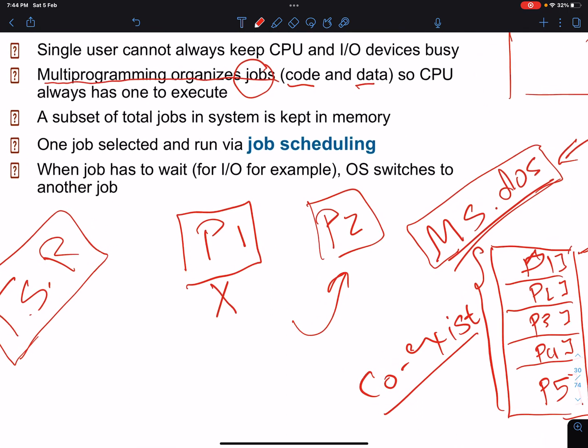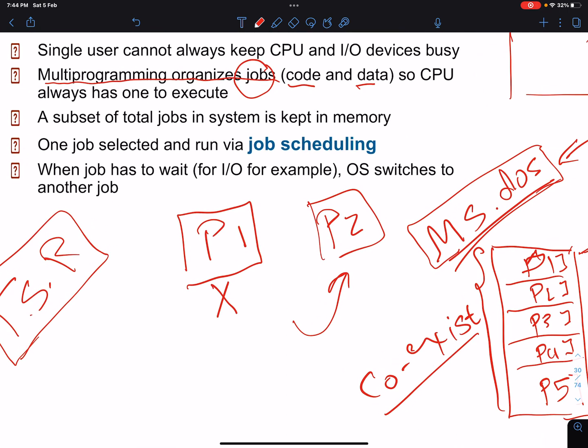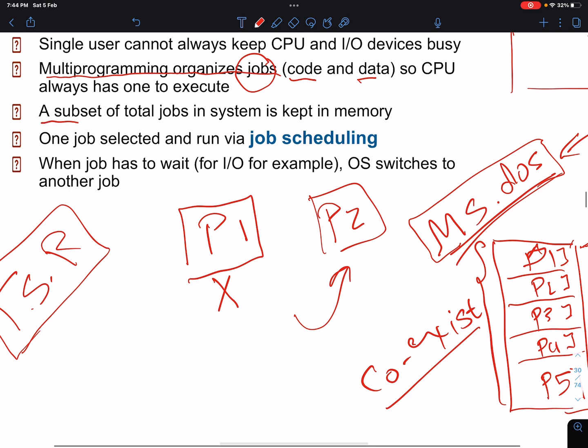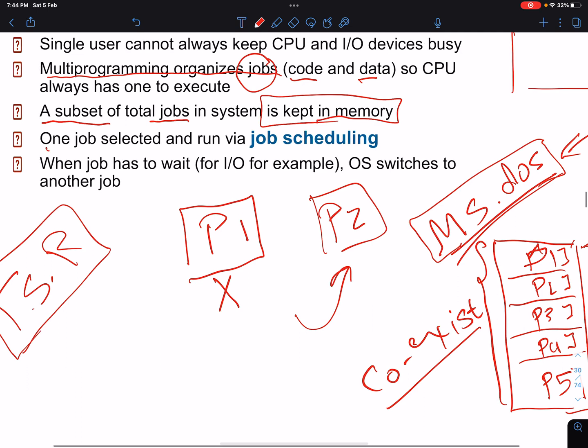A subset of total jobs in the system is kept in memory, and the others exist somewhere. We call it the virtual memory. We're going to be talking about it later. One job is selected and run via job scheduling.